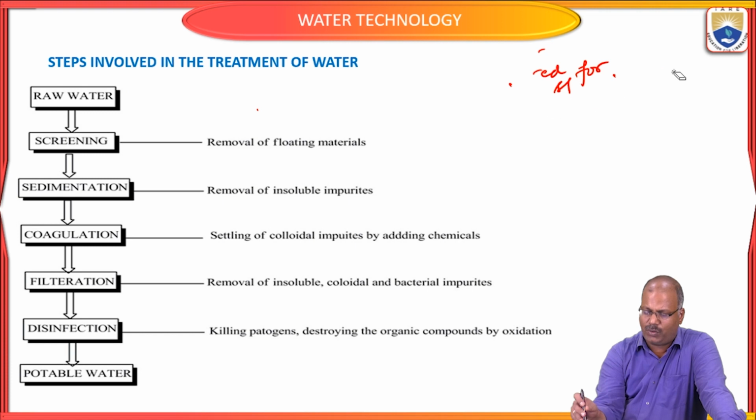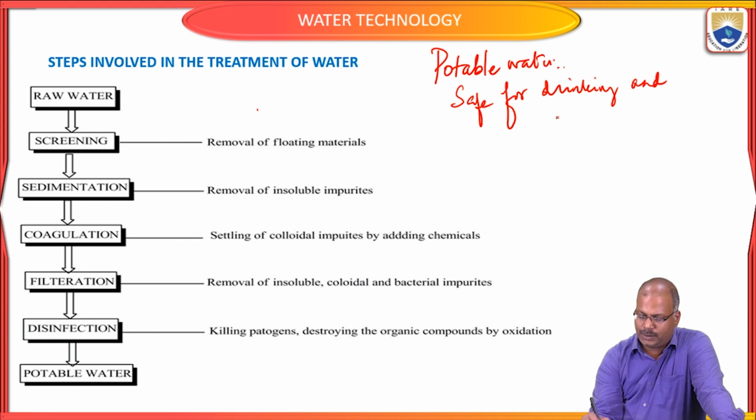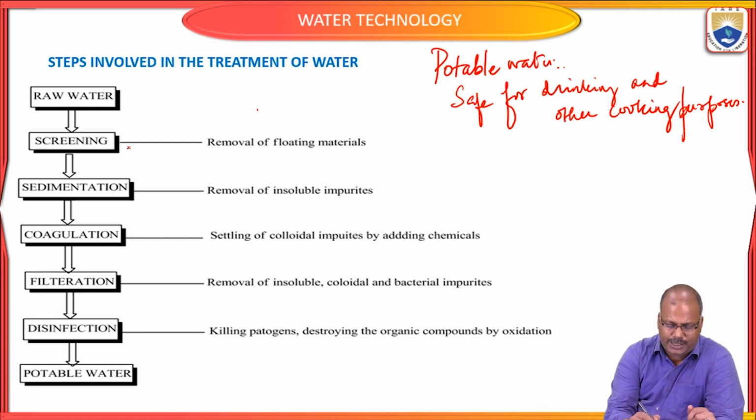What are the steps involved in the treatment of water before it is used by the people? Potable water, we know, means water which is safe for drinking and other cooking purposes. So raw water you take and it has to be screened.